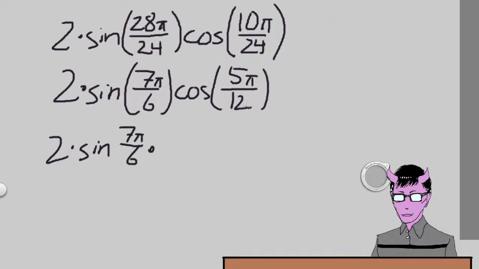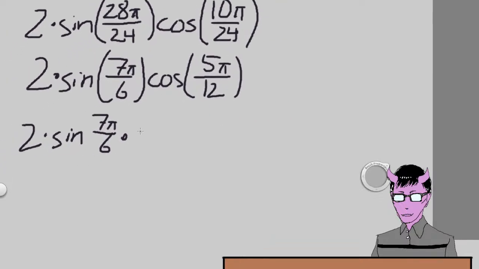And then this one, we have no choice but to expand it. So we're going to split that 5 into parts that are partially divisible by the 12. Portions of the 12. And 3 and 2 are perfect. So we're going to have 2 pi over 12 plus 3 pi over 12.